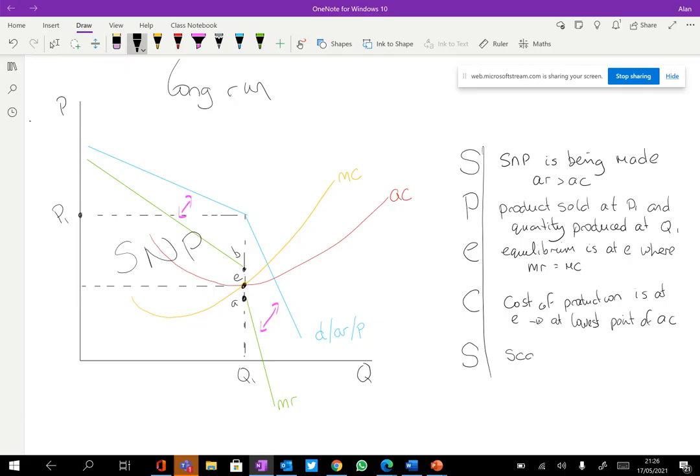So scarce resources are being used efficiently because you're producing at the lowest part of your AC curve, which again is down there. And that's why in oligopolies, if you have really strong competition, you will have to run efficiently. So oligopolies are a dominant market structure, very popular for big industries, obviously, and they make a lot of money.